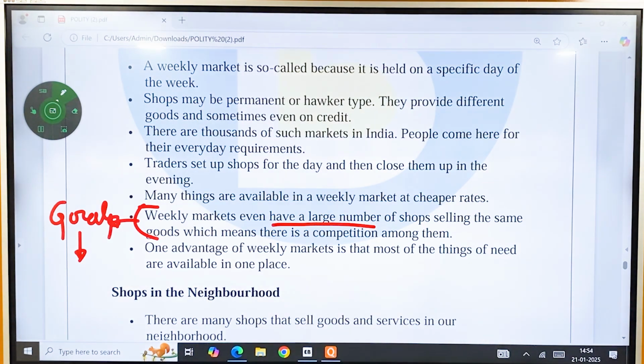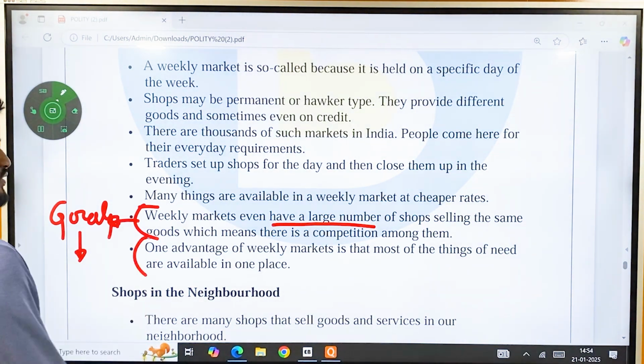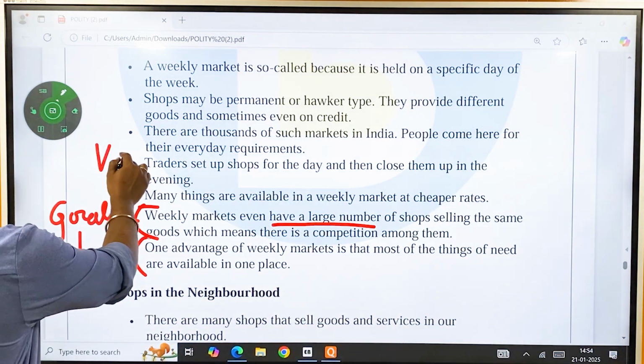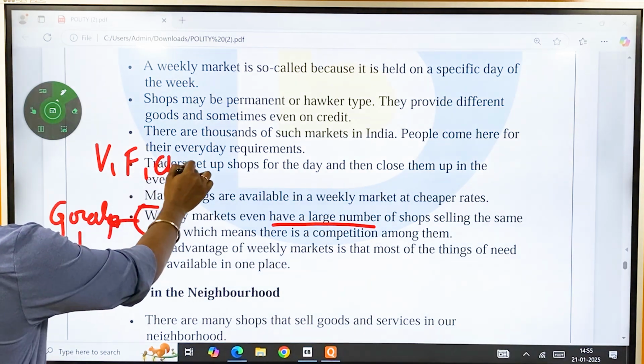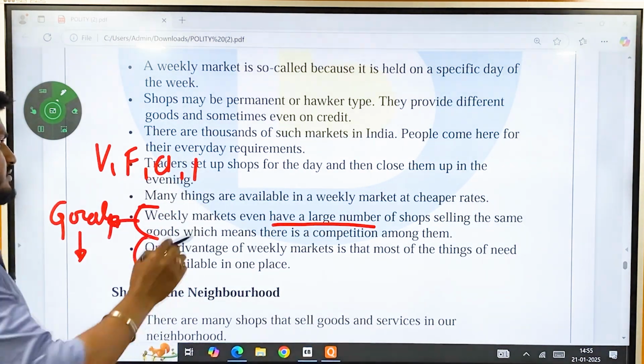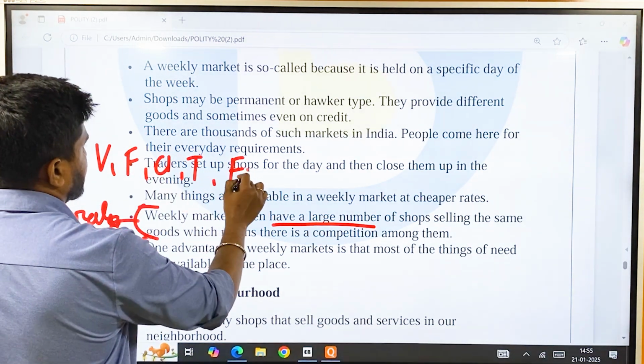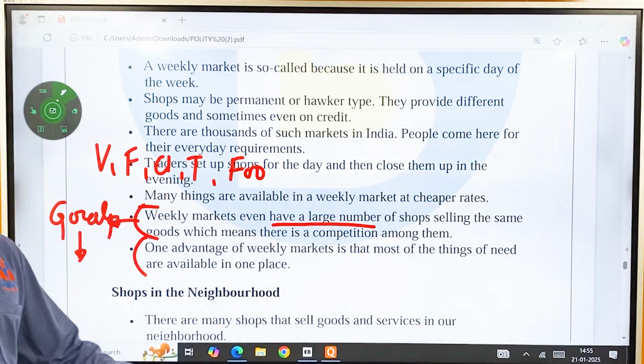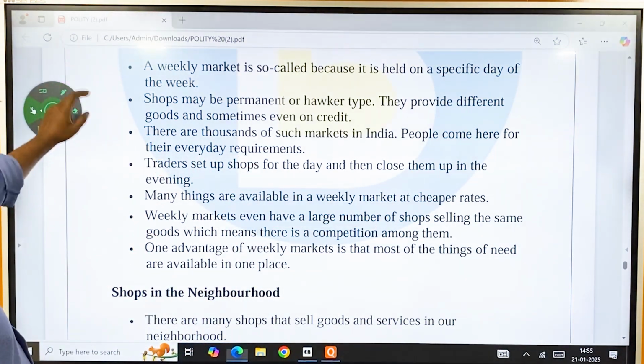One advantage of a weekly market is that most of the things we need are available in one place: vegetables, fruits, clothes, toiletries, food, etc. Everything is available in one place.